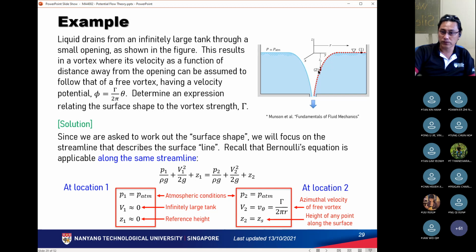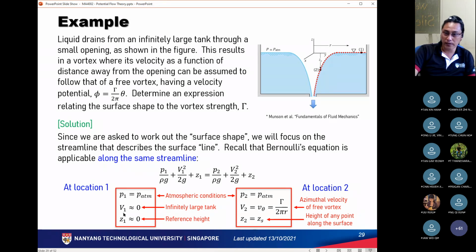The same goes for P2, because we're not referring to a point within the volume of water in the large tank. P2 is actually a point along the surface, which is exposed to the atmospheric condition as well. So P2, just like P1, can be set to P atmosphere.